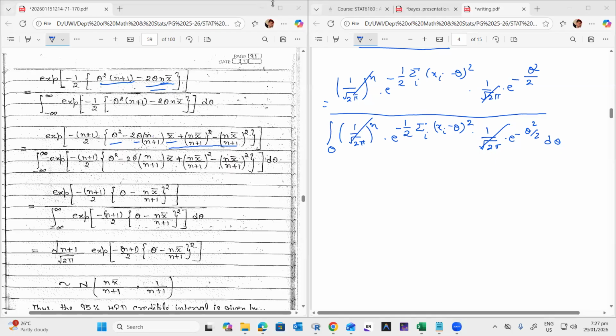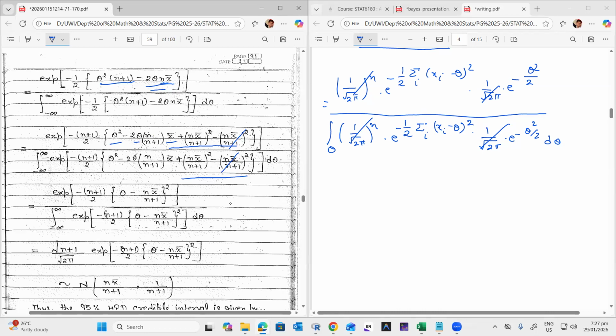Okay, so we will do the same modification in the denominator. At that time, the subtracted n x bar divided by n plus 1 whole square will cancel out.